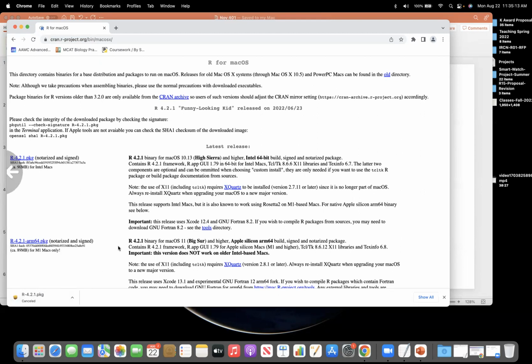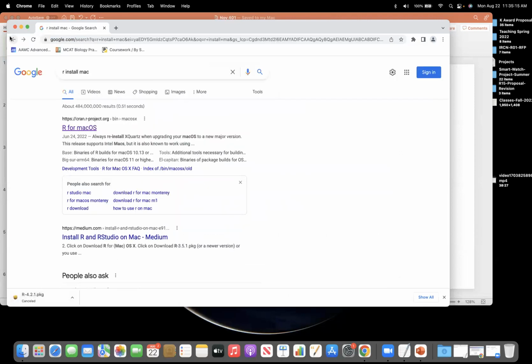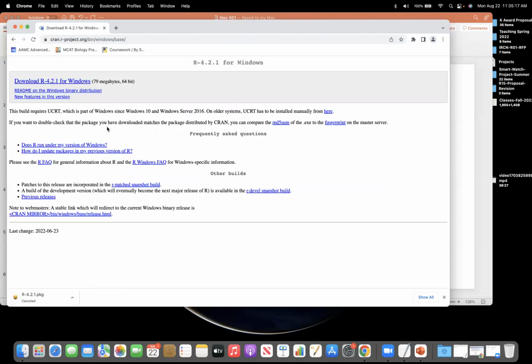For Windows, you also do the same thing through the other link. So download 4.2, just click here, and then you should have the exe file. You just double click on this exe file, and then next, and you should be able to install R 4.2.1.